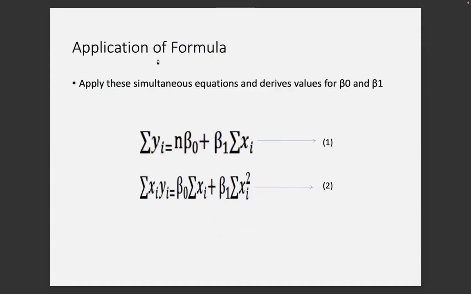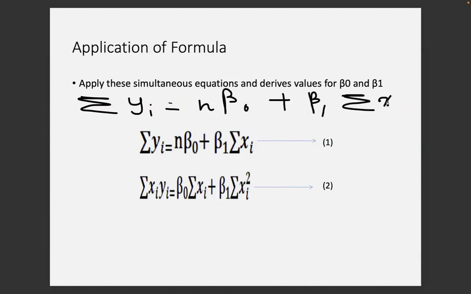Now, how does the application of the formula work? We apply these simultaneous equations and derive values for beta naught and beta 1. That is sigma yi equals n beta naught plus beta 1 sigma xi.